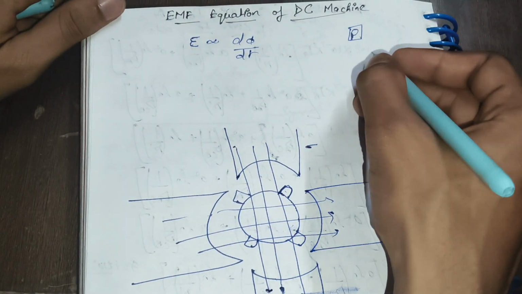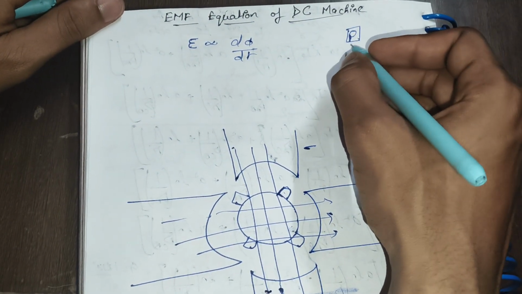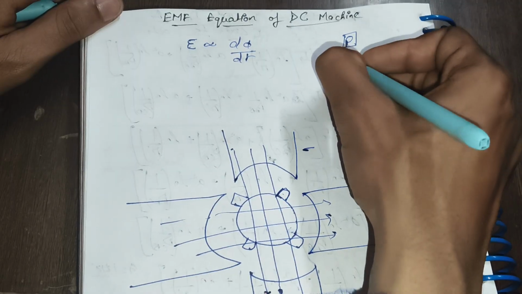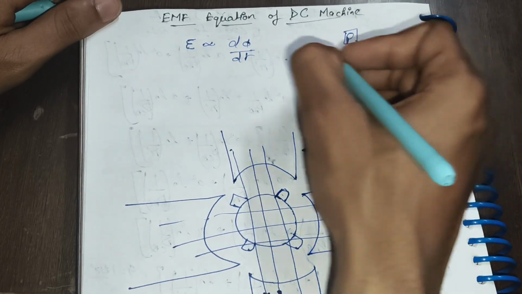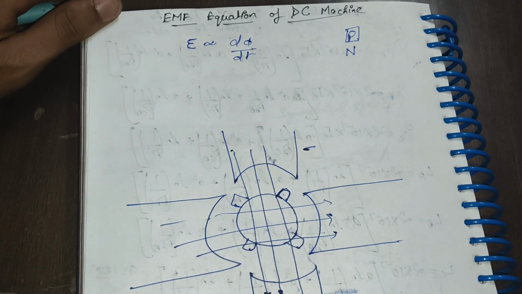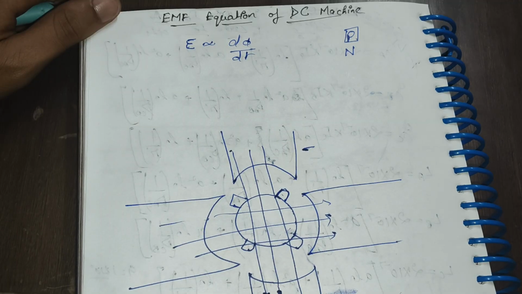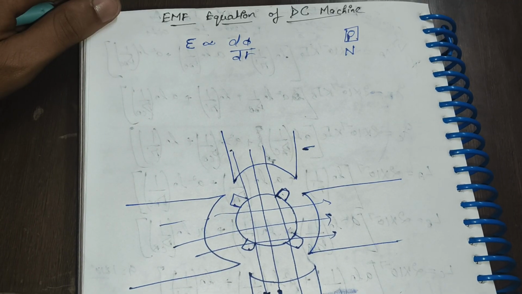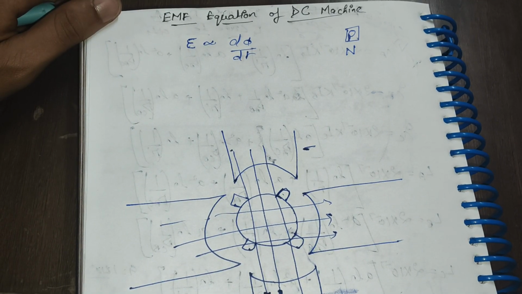That depends on the speed of rotation, and we take the speed of rotation in rpm as n, but we have to find the speed in 1 second.